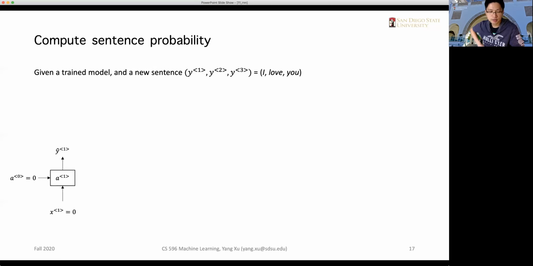So first, the input is still x. The first input is still 0, right? Because we need to start from nothing. We start from blank; before we start a sentence, we don't have any context. So the first input will be 0, and the first activation will also be 0. So the first prediction, y hat 1, is a vector of probabilities.